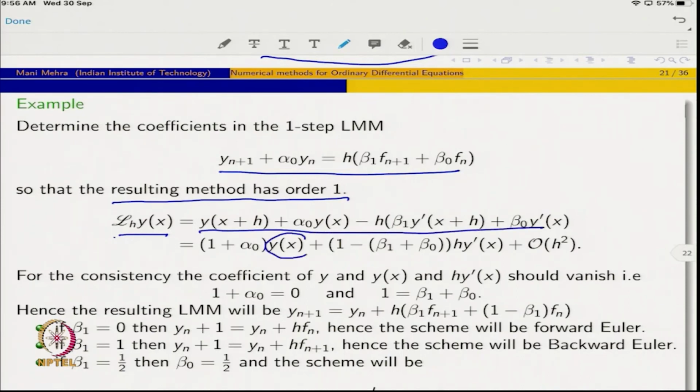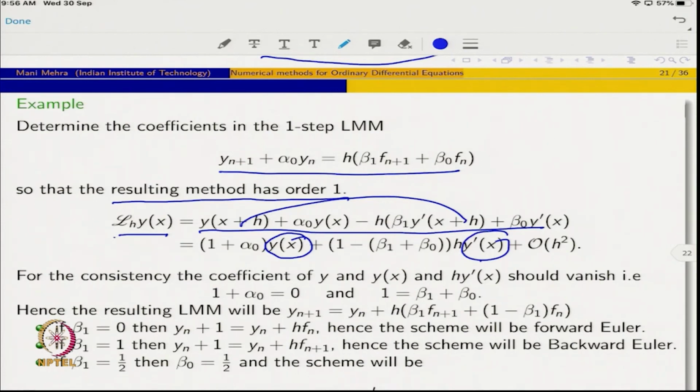and then we will collect the terms of y(x) and the terms of y dash x after expanding the Taylor series for this and this. Here I have skipped a few steps which you can do very easily just by writing a Taylor series and recollecting the terms.